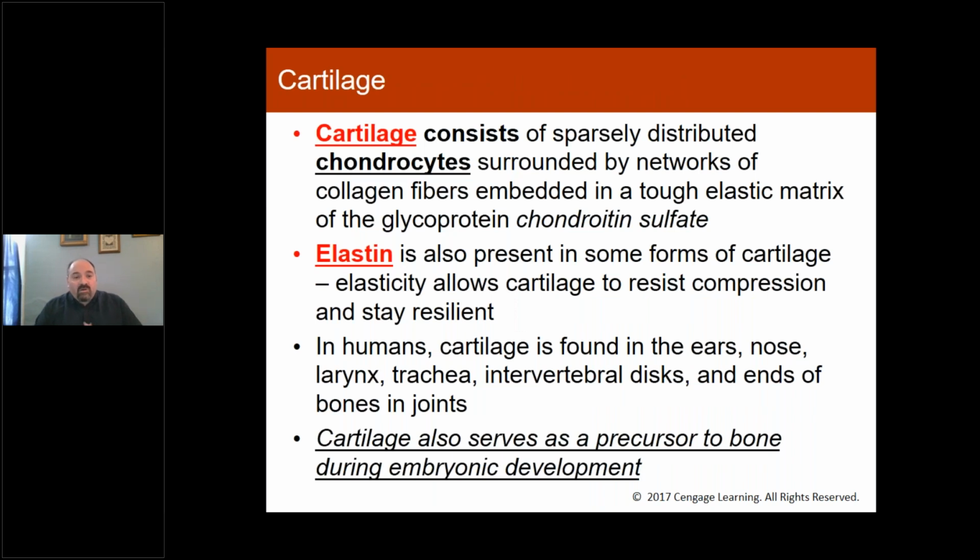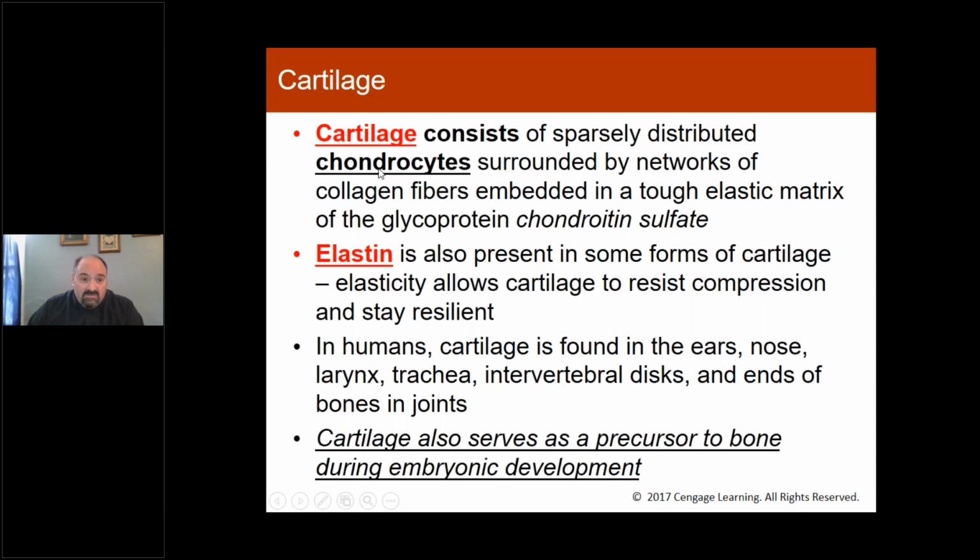Cartilage. So cartilage is very important. Cartilage is avascular. I said to you earlier that epithelial tissue is avascular. Well, cartilage is also avascular, meaning there's no direct blood supply to that tissue. Okay, and the types of cells that comprise cartilage are chondrocytes.